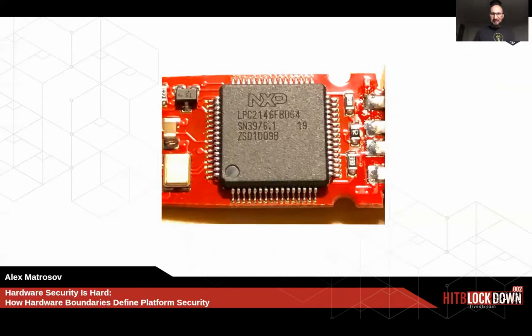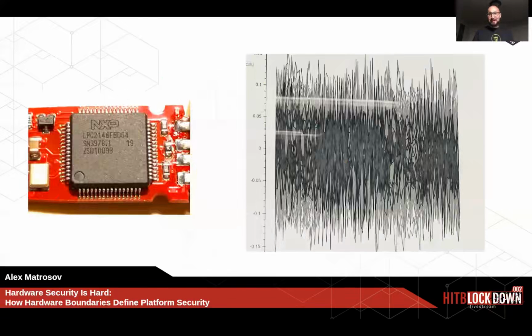But this chip was not created and certified for critical security uses, which means we can find a lot of weird stuff about it. This diagram on the right side shows how the key can be leaked over power side-channel analysis.